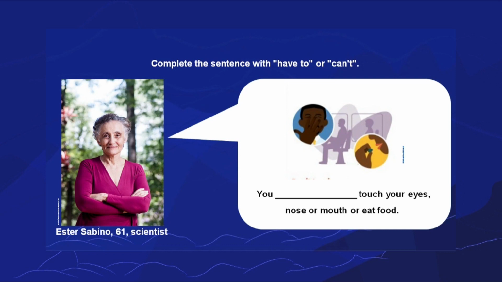You touch your eyes, nose or mouth or eat food. Have to or can't? What's the answer? Can't. You can't touch your eyes, nose or mouth or eat food.